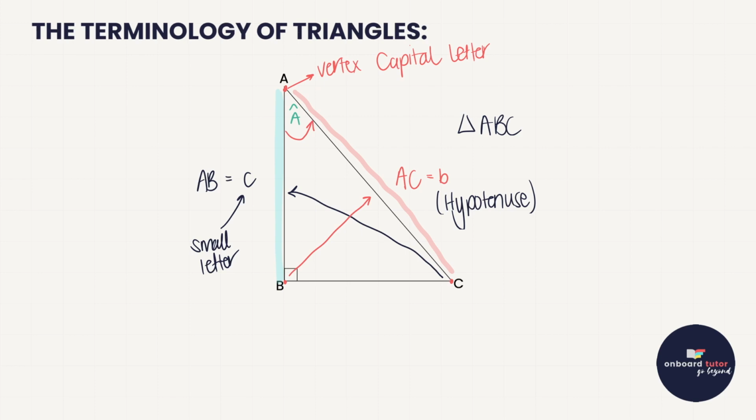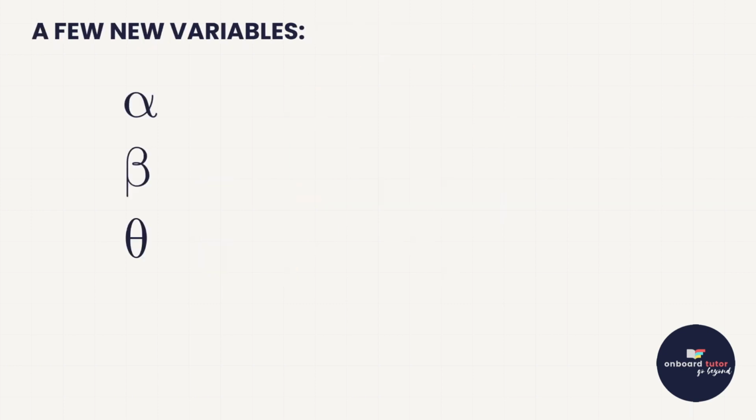Okay, so just to recap, capital letters for the vertices. If we are talking about an angle, then we use the vertex with a little hat on it. And if we're talking about a side length, look for the vertex opposite to the side, and then you use the small letter there.